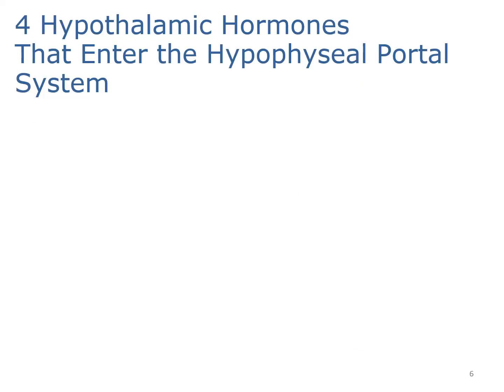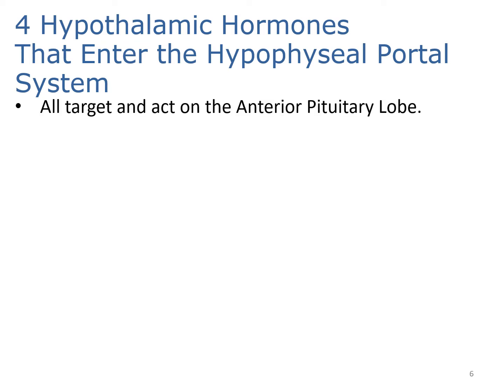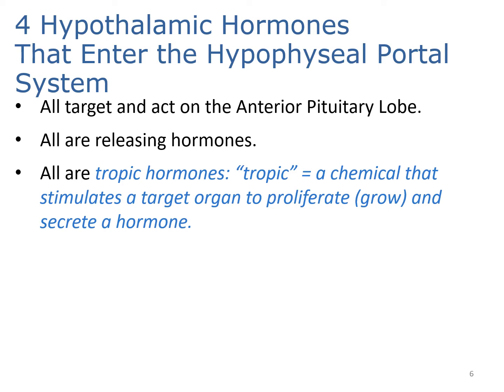There are four hormones released by the hypothalamus that enter the hypophyseal portal system and act on the anterior pituitary gland or adenohypophysis. All of these hormones are releasing hormones, or in other words, they stimulate the release of hormones from the anterior pituitary gland. That means they are tropic hormones.